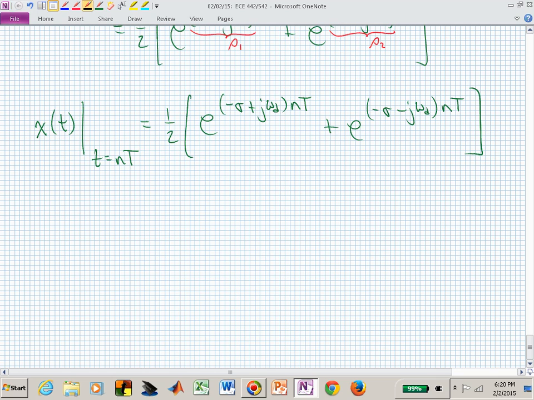We can now write this as 1/2 e to the minus sigma nT e to the j omega sub d nT plus e to the minus sigma nT e to the minus j omega sub d nT.